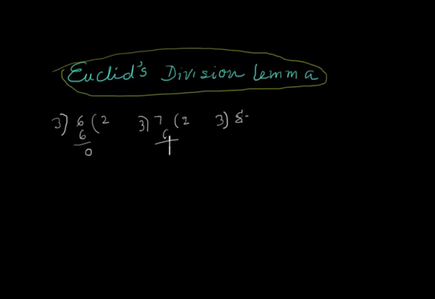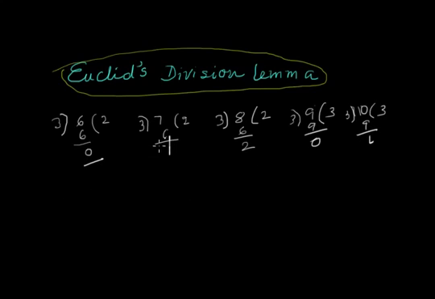If you divide 8 by 3, remainder 2. If you divide 9 by 3, 3 times 3 is 9, remainder 0. If you divide 10, it is 9, remainder 1. So what you observe is that the remainder is 0, then 1, then 2, then 0, and after 2 it comes back to 0, 1, 2.